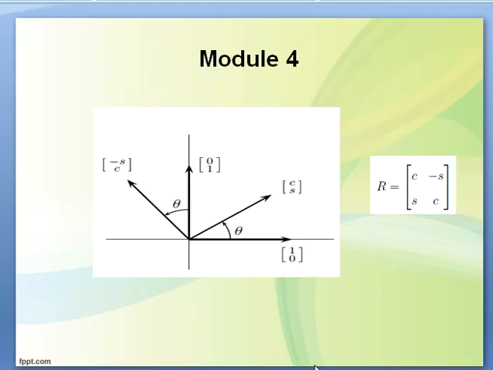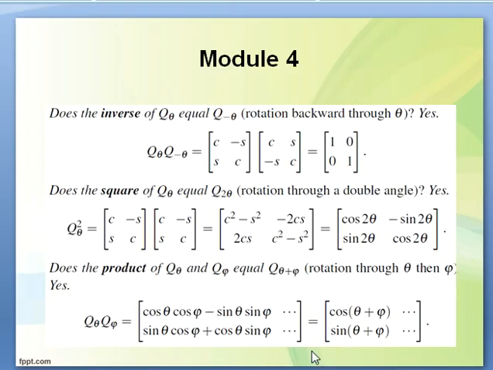When we see that, it is c, s, minus s, c, and c, minus s, s, c. When these two are multiplied, we get an identity matrix, which proves that Q of theta and Q of minus theta are inverses of each other. Then the next thing we are understanding: Q of theta is the rotation matrix.